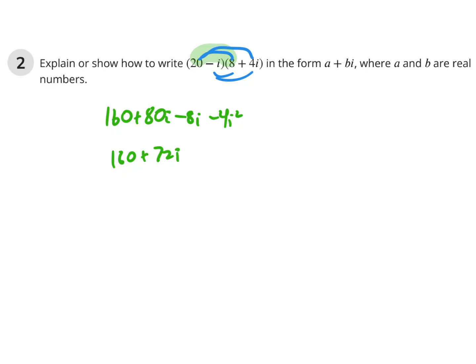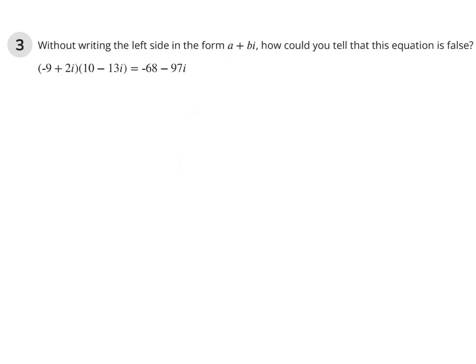I squared is just negative 1, plus 4. So you get 164 plus 72i. Okay, without writing the left side in the form of a plus bi, how could you tell that this equation is false?